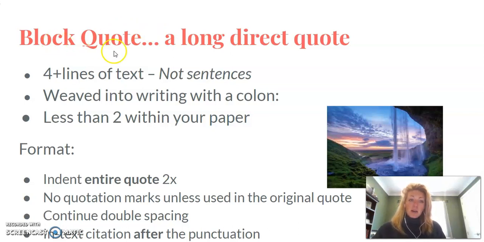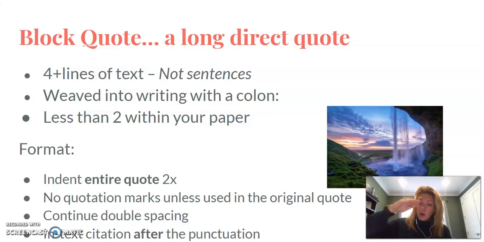You can only use it 2 times. You can only have 2 block quotes within your research paper. But you're going to use it if it's a really long quote, meaning it's 4 or more lines of text, not just sentences. It could be maybe 2 sentences, but they're really long sentences, which creates 4 lines of text.